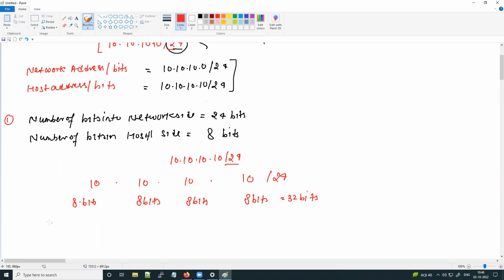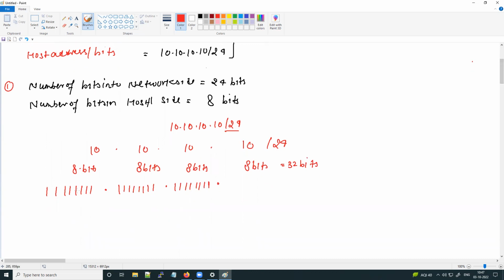So if you make all the bits 1 here, 1 to 8, 1 to 8, 1 to 8, if you add these three, you will get 24. 8 from here, then 8 from here, then 8 from here, 24.